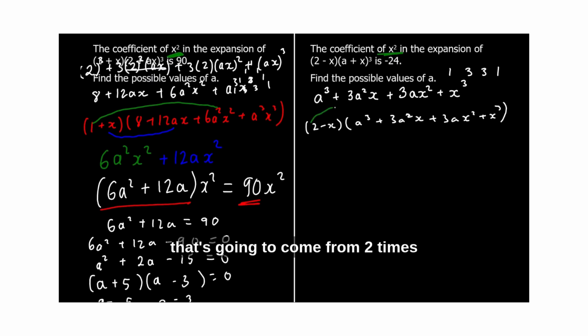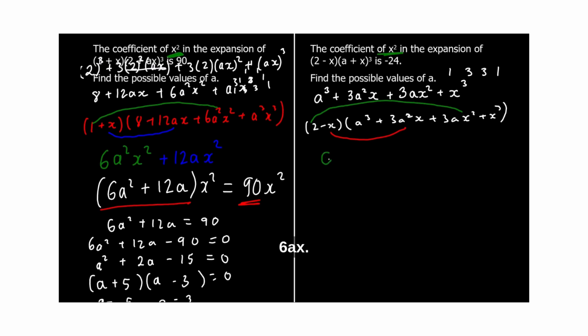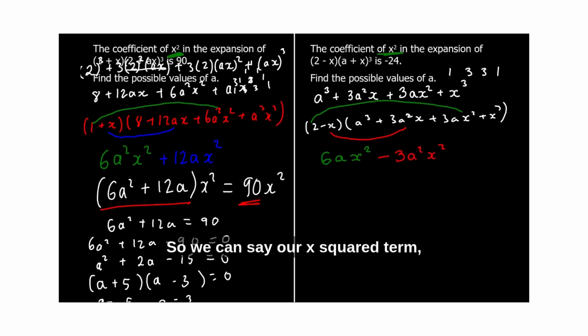So that's going to come from 2 times 3a x squared. And it's going to come from negative x times 3a squared x. So that will be 6ax squared. And that will be negative 3a squared x squared.